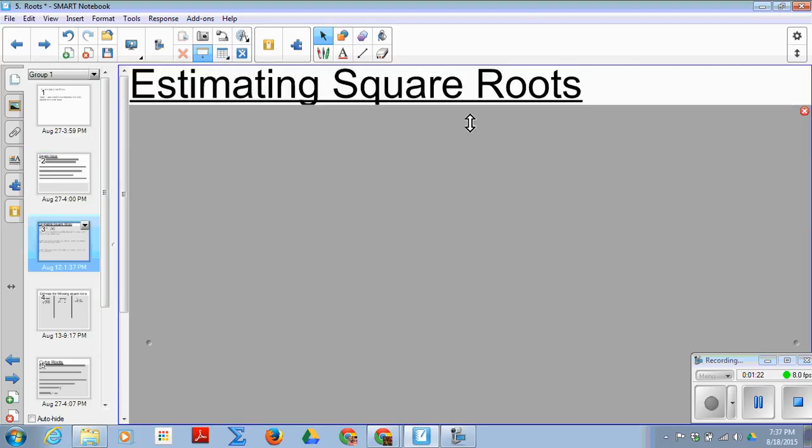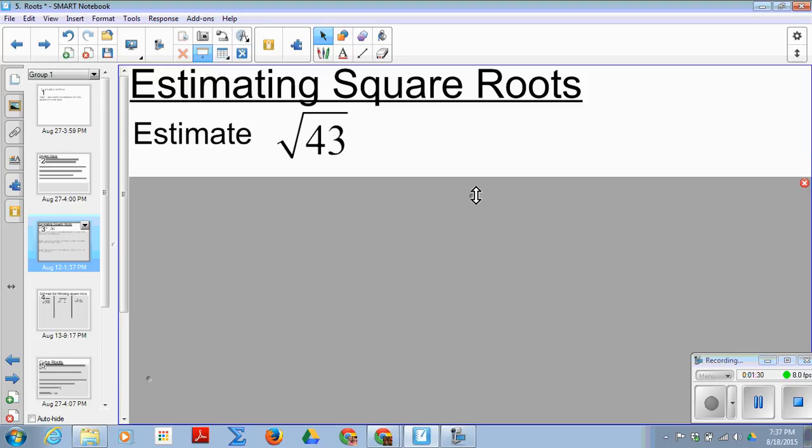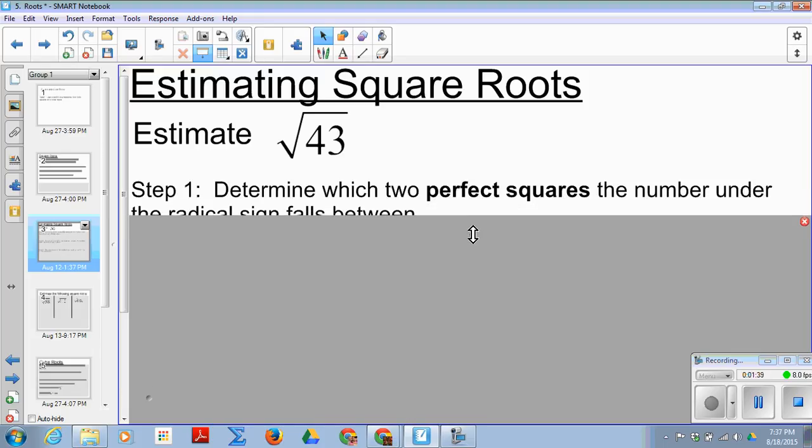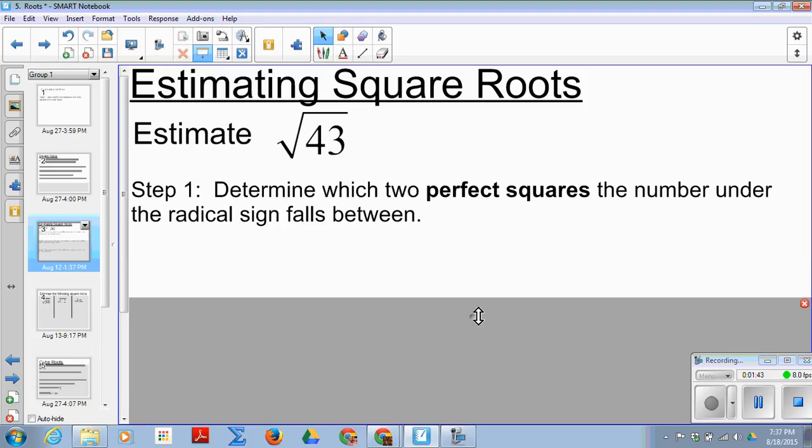So we're going to be estimating square roots because not all roots are perfect. We're going to estimate the square root of 43. If you recall from the previous slide, it is not one of our first 15 perfect squares, so some estimation is involved. We start by determining which two perfect squares the number under the radical sign falls between.